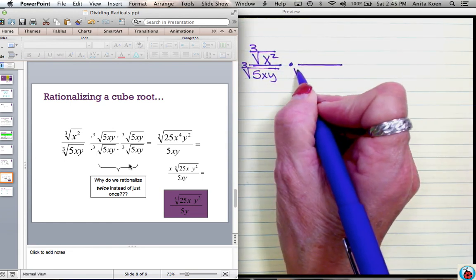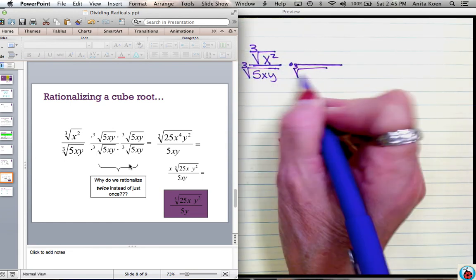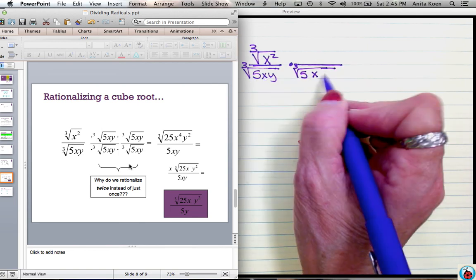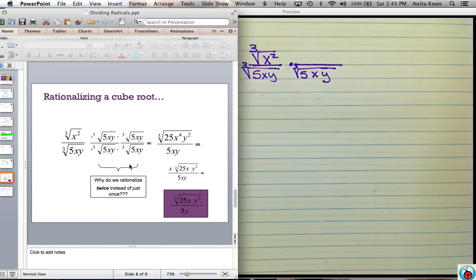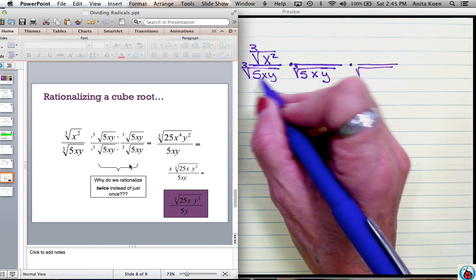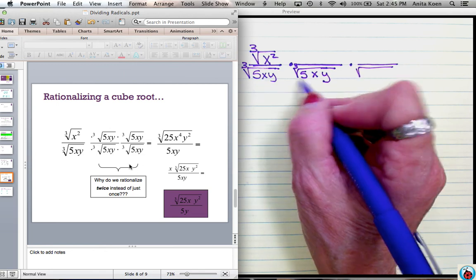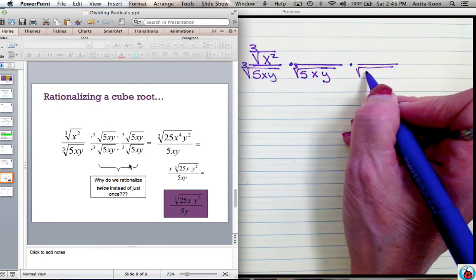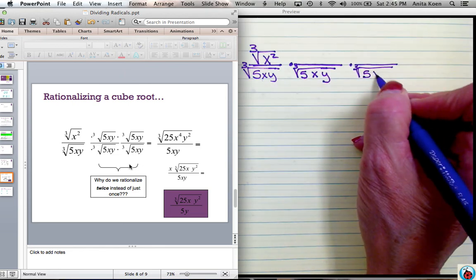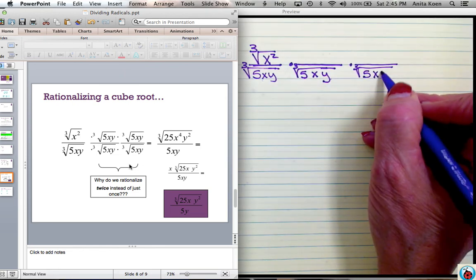So I'm going to rationalize the first time by saying, well, here's 1 5 to go with this 5. Here's 1 x to go with this x. Here's 1 y to go with that y. But really, I can't just take 1. I need 3 of them. I need 2 more.